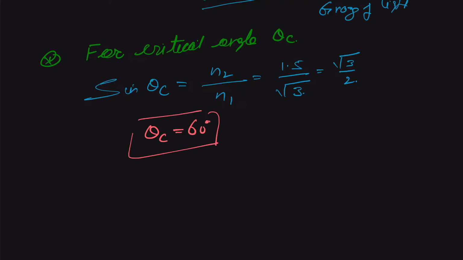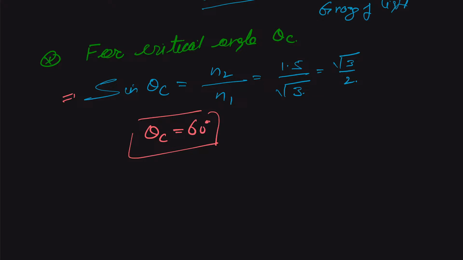Because at critical angle the angle of refraction is basically 90 degrees. Sine 90, this is written with the help of Snell's law, only sine 90 is equal to 1.